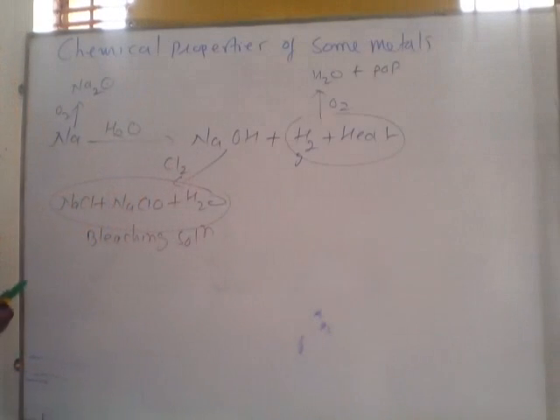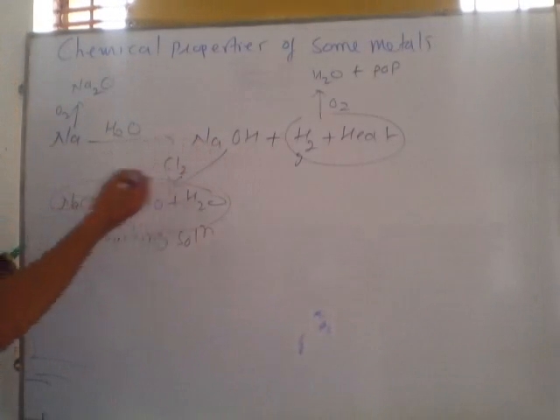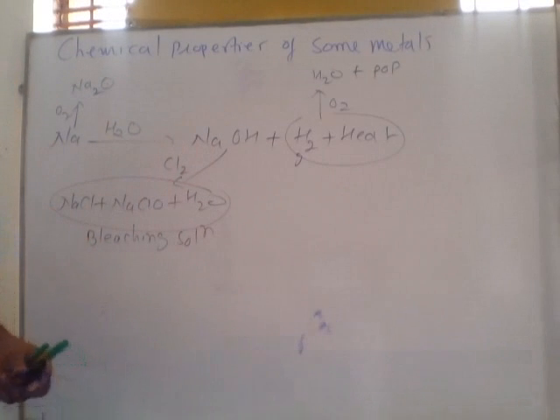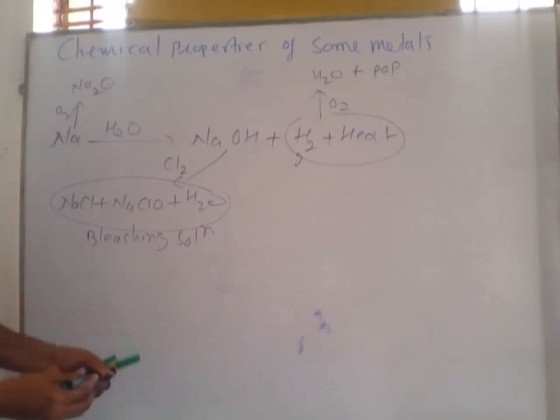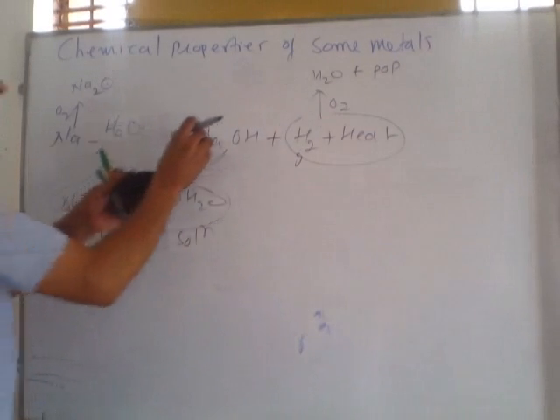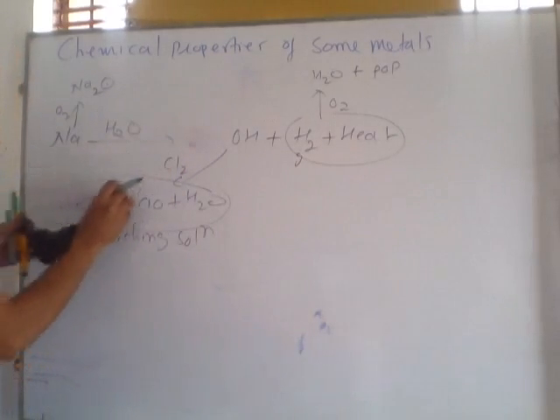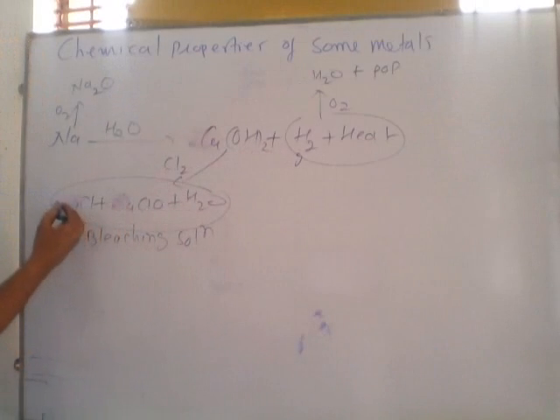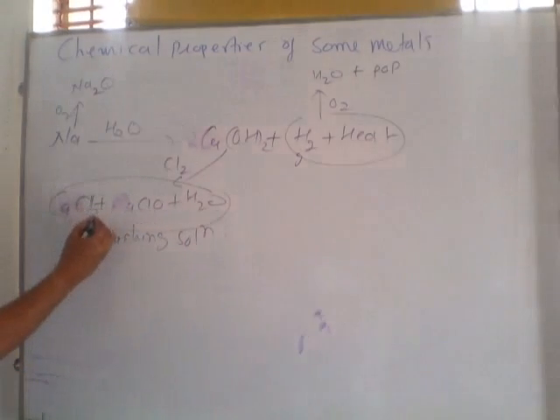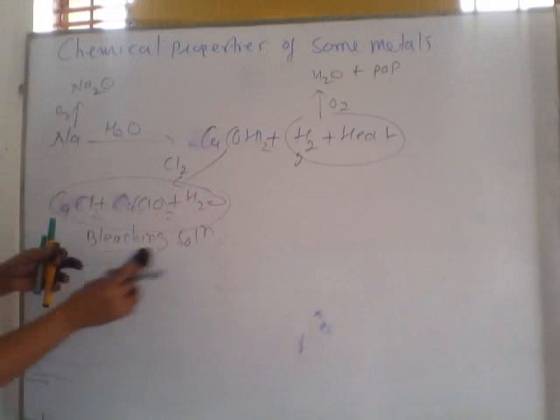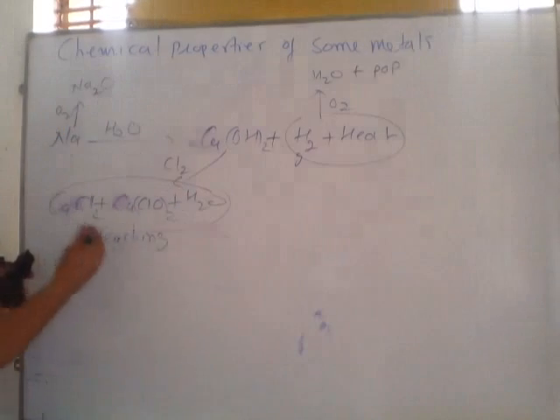If you replace sodium by calcium, you know the valency of calcium is 2. Here we form calcium chloride, calcium hypochlorite Ca(OCl)2 and water. This compound actually exists in solid state, so it is called bleaching powder.